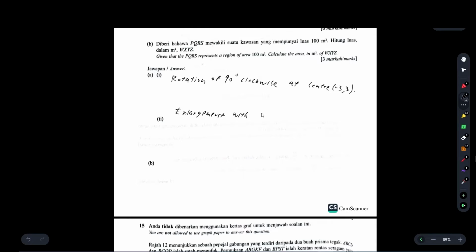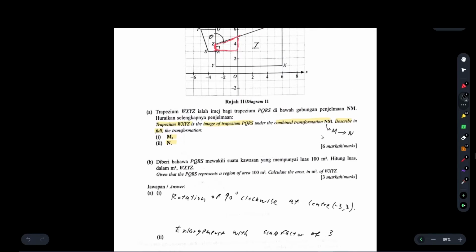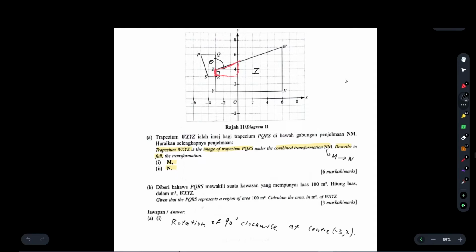With scale factor of 3. Why is it 3? Because we look at PQ. PQ is the same side as WS, although it's not the same length, it represents the same side.